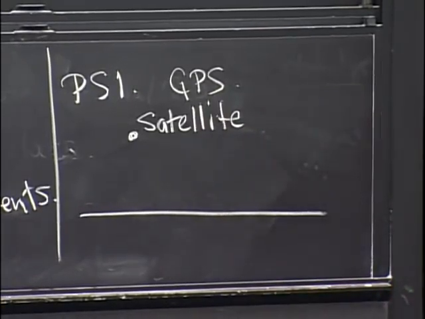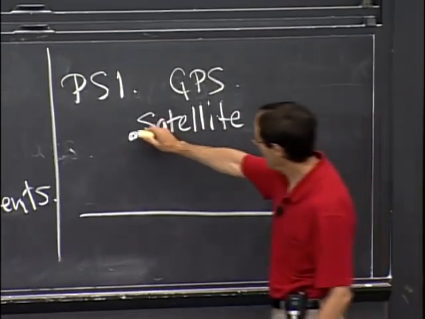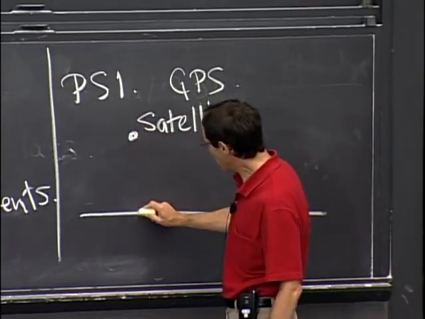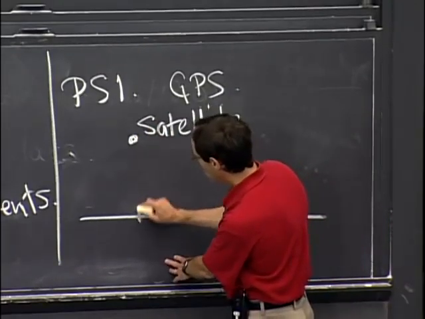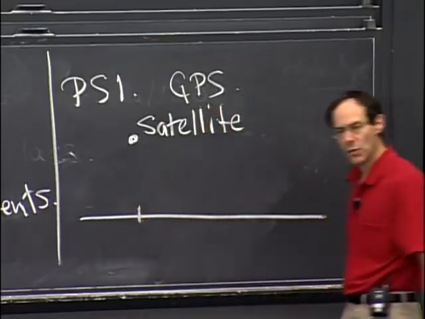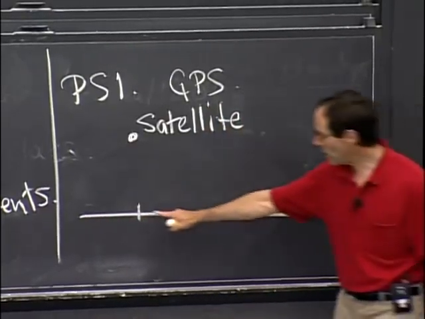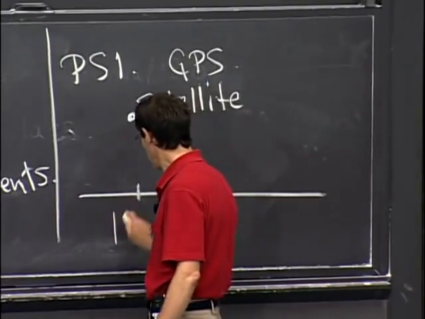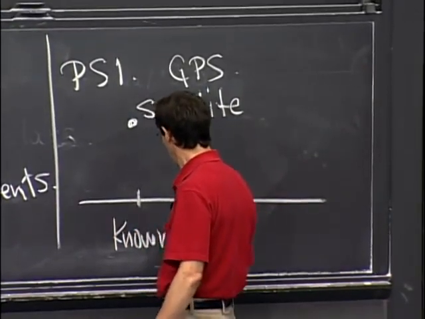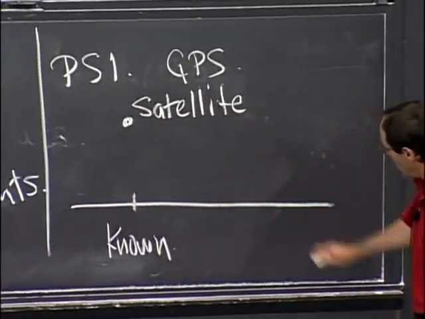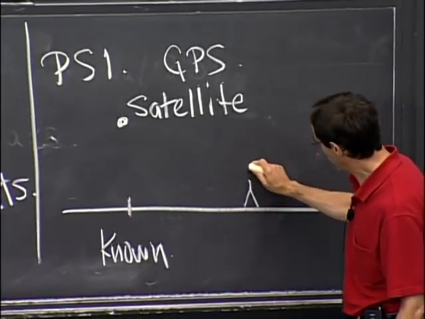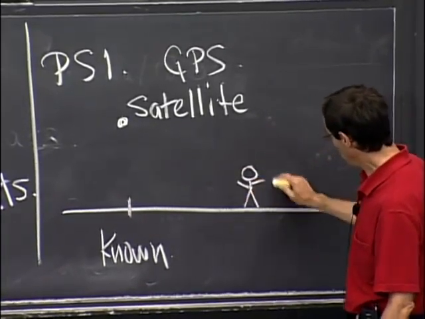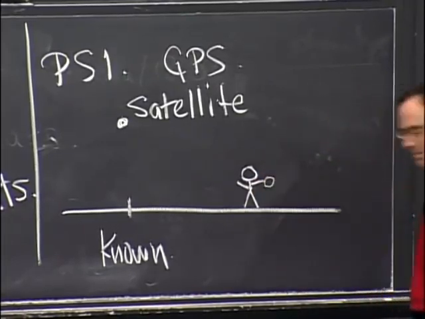preferably above the Earth. And the satellite knows exactly, or the system knows exactly where the point directly below the satellite is. So this point is treated as known. And I'm sitting here, okay, with my little GPS device.